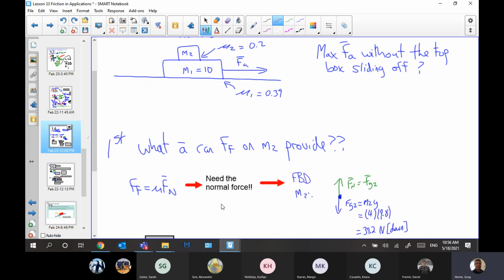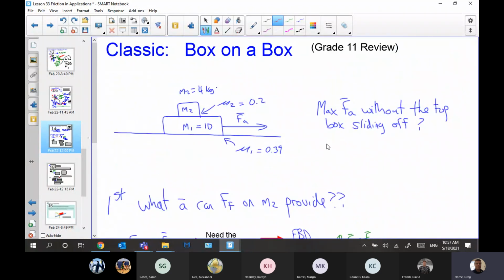Right? So we need that normal force, friction force, and so on. But the key steps I outlined were the idea of how much friction force is available here, because then that'll tell you how much, let's do F net equals ma, right?